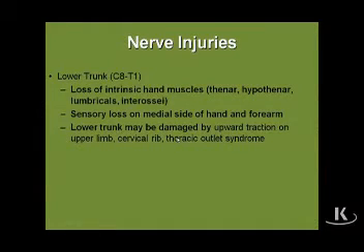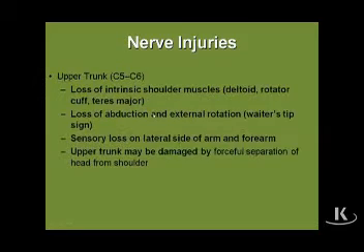And the counterpart of a lower trunk injury would be an upper trunk injury. So we know that the upper trunk is C5 and C6, and we know that C5 and C6 is what innervates all of the proximal muscles, the muscles around the shoulder and the axilla.